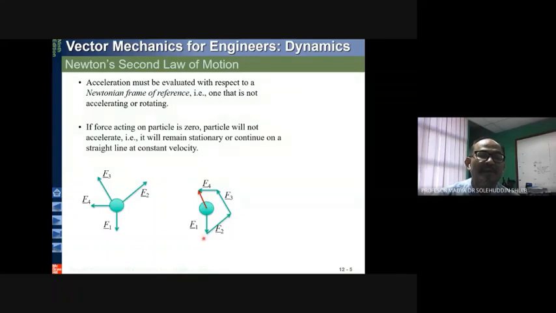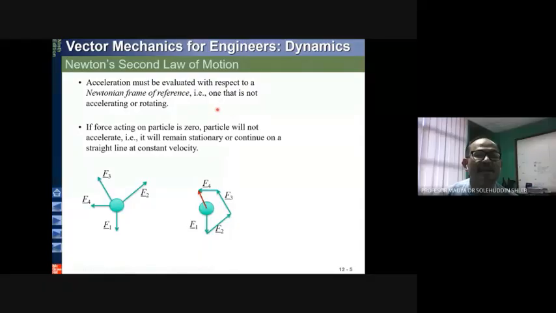This is how we complete the summation of forces. Acceleration must be evaluated with respect to a Newtonian frame of reference, which is one that is not accelerating or rotating.